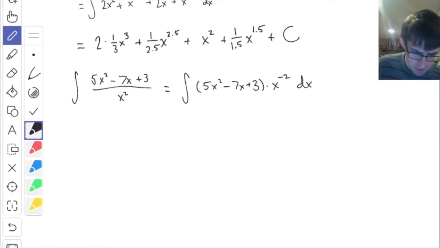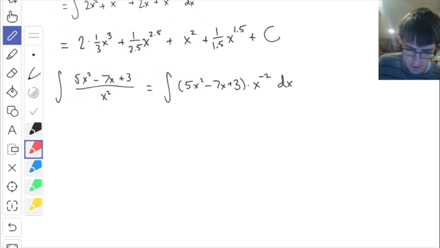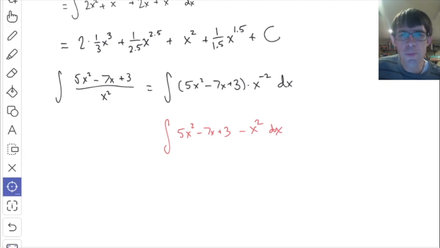But before I do that, I see a lot of people do this wrong. Don't write this down because I'm about to erase it. They say, I gotta move the x squared up, and they do it like this. I hope you agree with me, this right here is not equal to that.